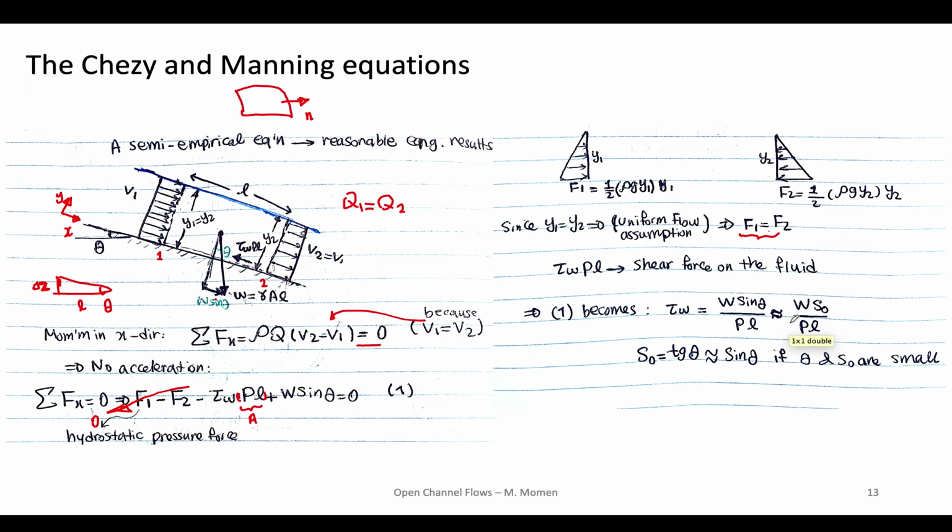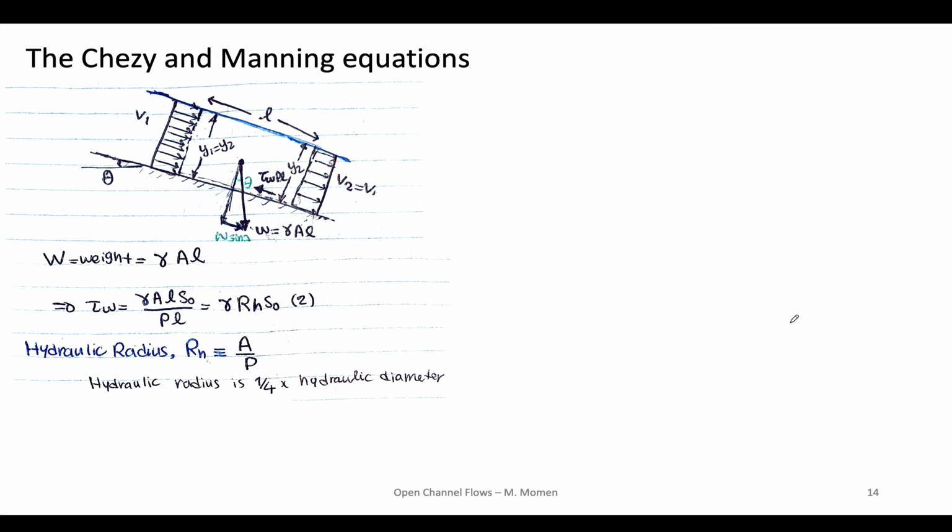Okay, so now I can write what the weight is. The weight of the fluid for this control volume is going to be rho g, the density times the gravitational constant, times the volume of this control volume, which is the cross-sectional area times L, right?